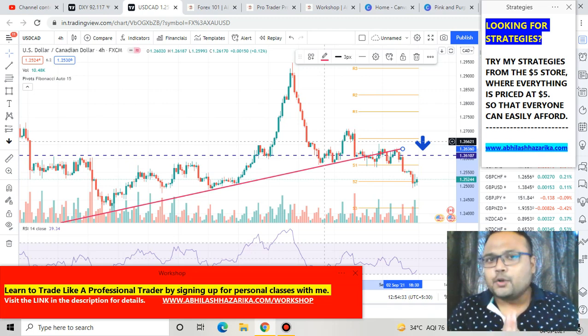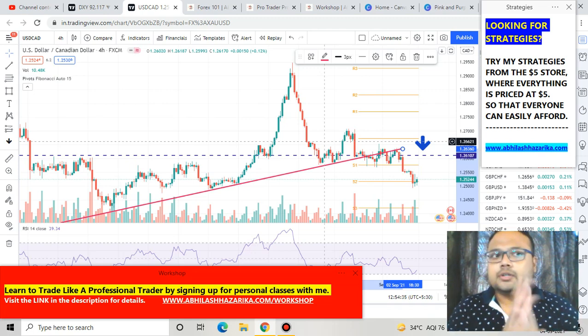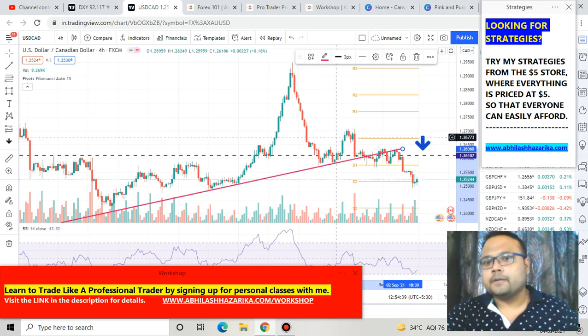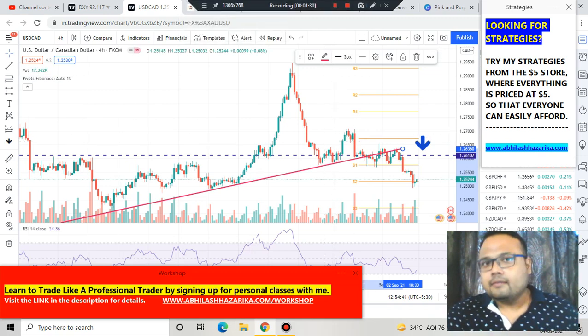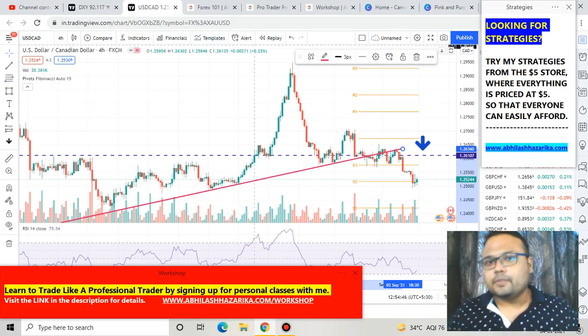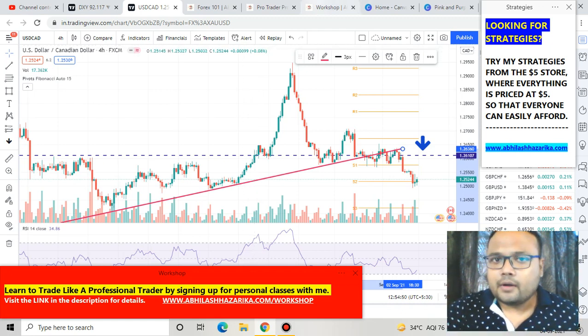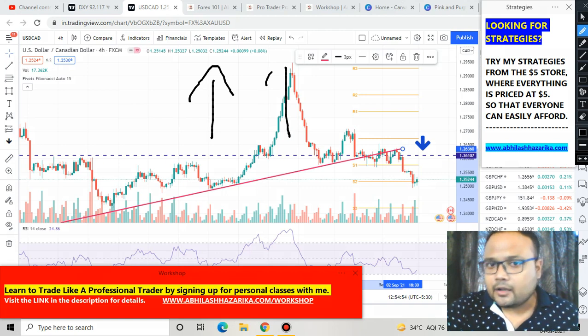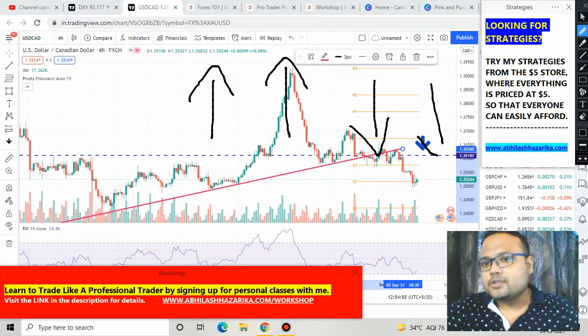And as we all know, it has a direct correlation with the DXY chart, or the US dollar chart. On Friday, after the NFP report, when the dollar started seeing selling pressure, USD CAD also witnessed the same, because whenever the US dollar goes up, USD CAD also goes up, and whenever the US dollar goes down, USD CAD also goes down.